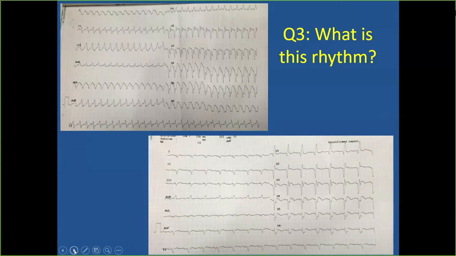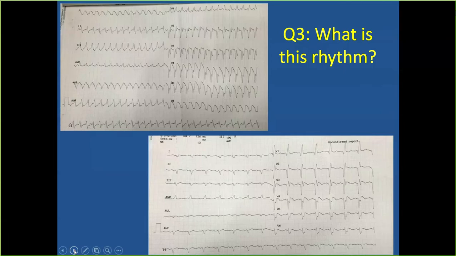SVT with pre-existing bundle branch block. Now, what do you think of that? Why is it not a SVT with a pre-existing bundle branch block? If you see the AVR, it is a monomorphic R wave. Number one. Another reason why it is a VT is because there is AV dissociation, which we have seen here.